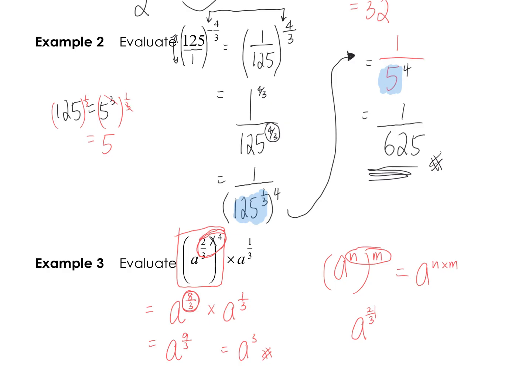I am multiplying this by itself 4 times, so I have 2/3 plus 2/3 plus 2/3 plus 2/3. So it's 4 times 2/3.